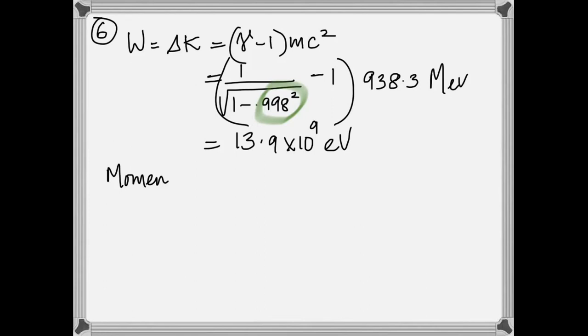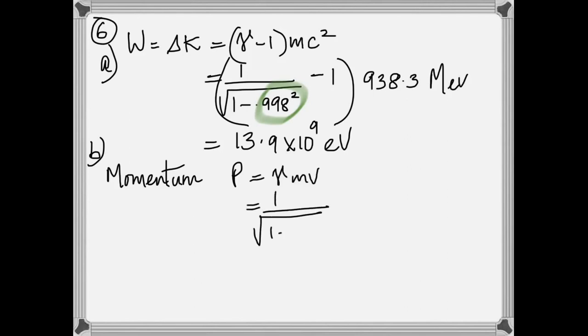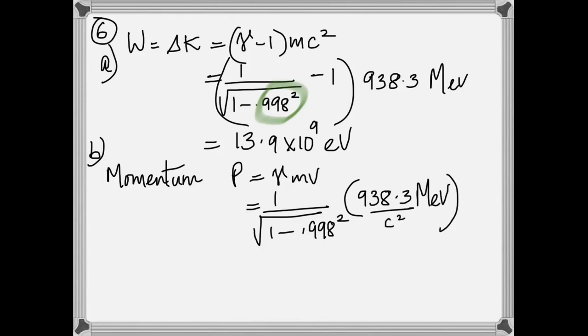Now the second part, momentum. Momentum here is gamma times mv. It is not just mass times velocity. So the factor gamma again comes in there. Another thing is, the mass is written as its energy by c squared, and that's because E is equal to mc squared.